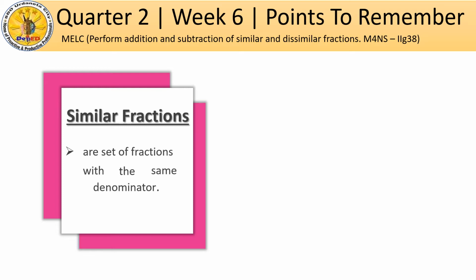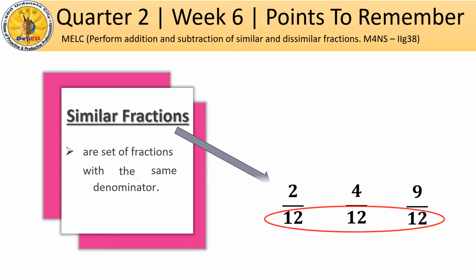For example, we have 2 over 12, 4 over 12, and 9 over 12. If you will look at the denominators of the given fractions, they have the same denominator, which is 12.